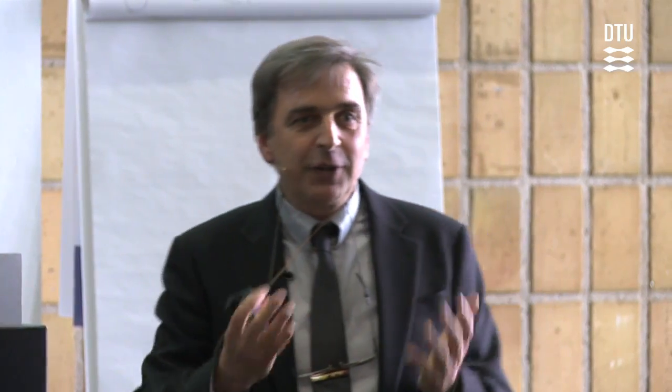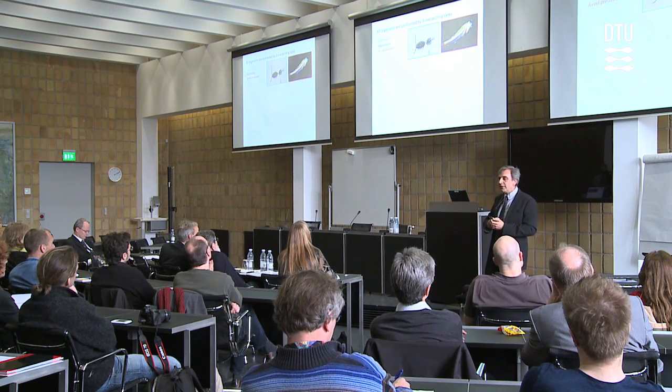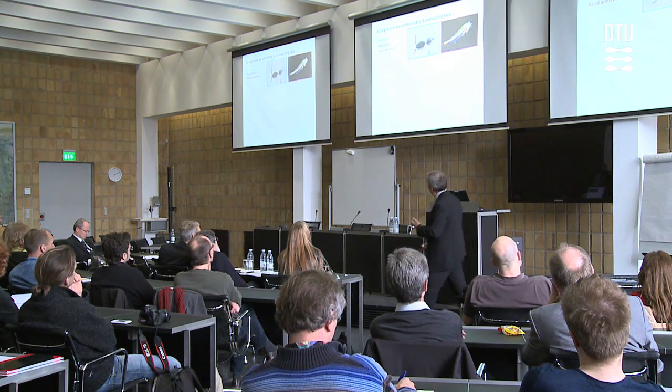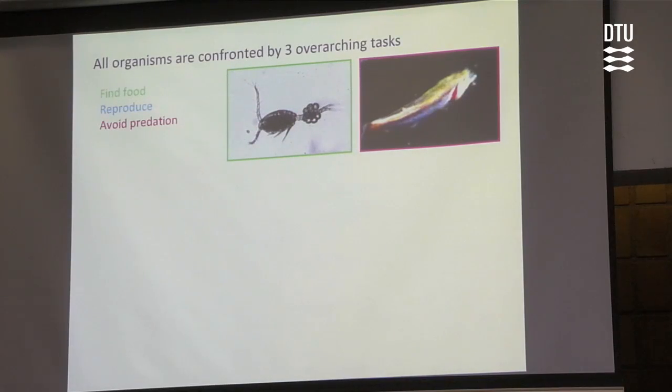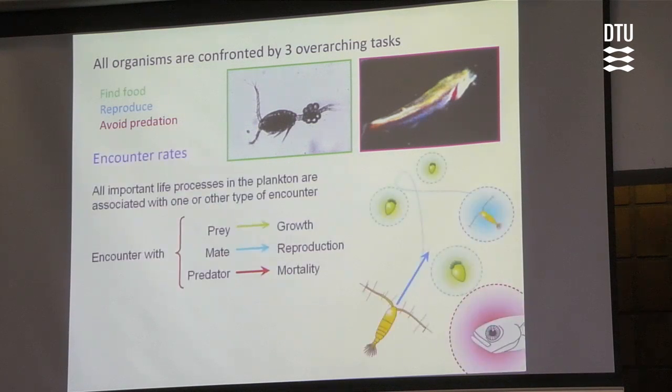Now, how to try to formulate that in a more concrete sense? All organisms, zooplankton included, are confronted by three overarching tasks. They've got to find food, they have to reproduce, and they have to avoid being eaten. Simple enough, all right? Now, all of those important life processes for a planktonic organism are regulated by encounter rates.